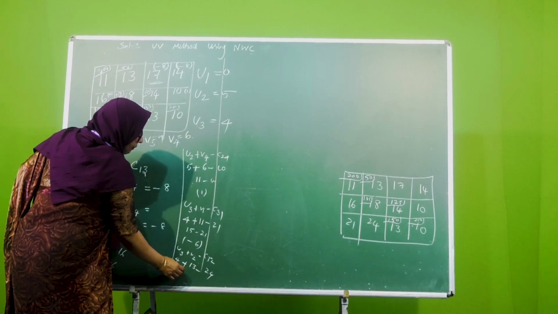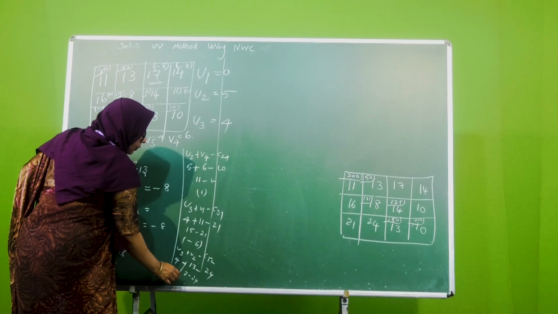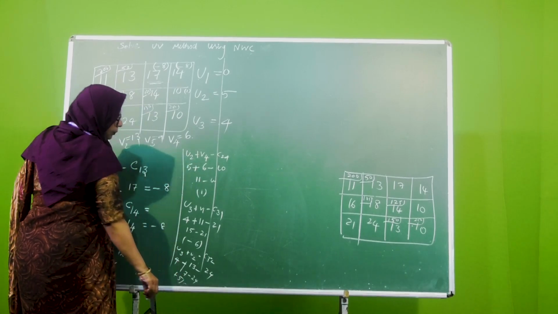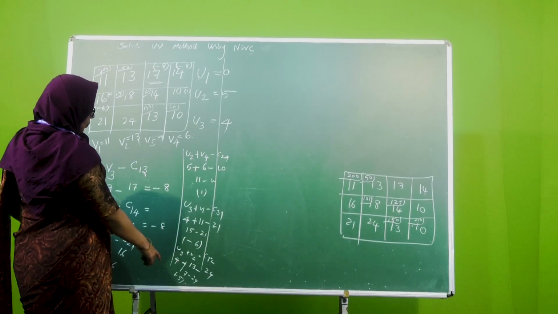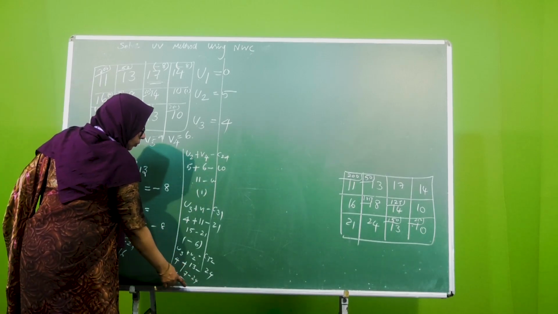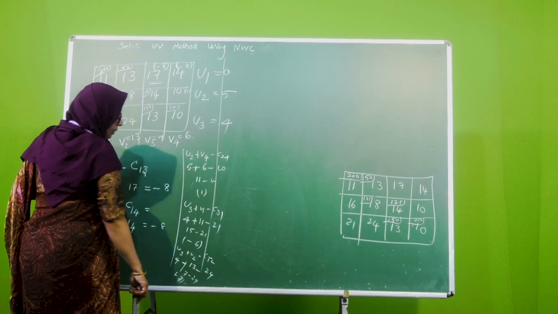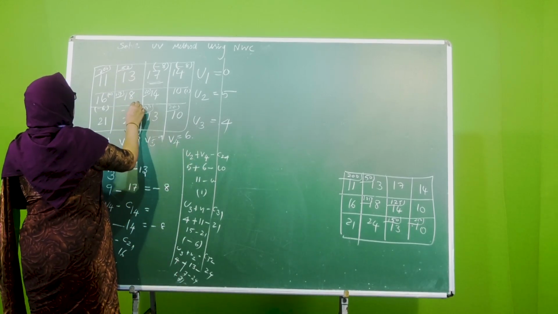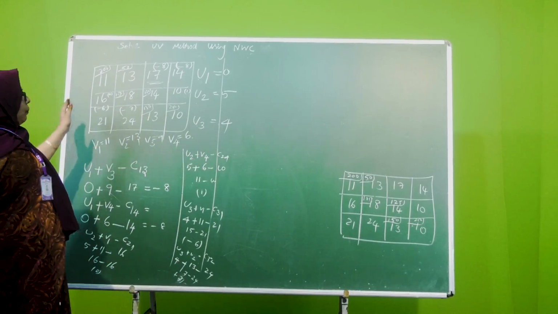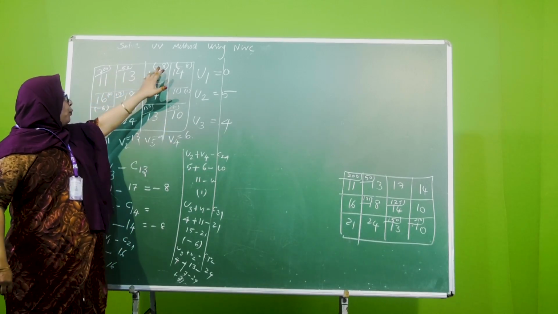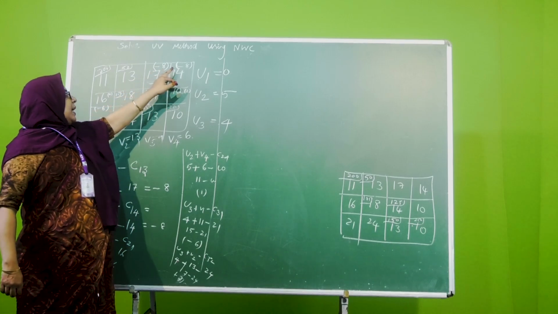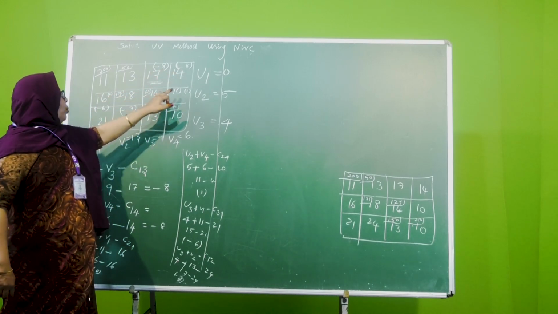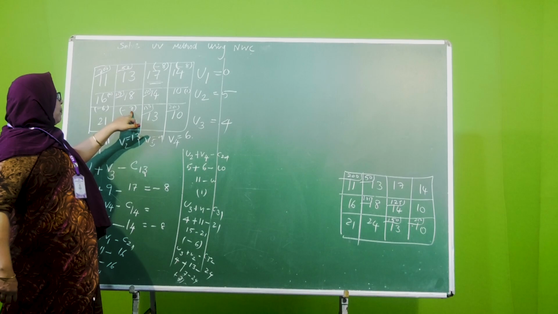That is 17 minus 24, minus 7. So we have to allocate the dummy values for this table. Okay, what are the dummy values? Minus 8, 0, 1, minus 6, minus 7.